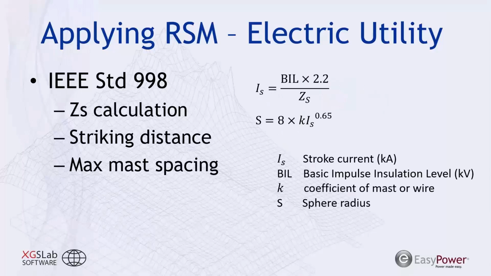Next, we can use that surge impedance to calculate the minimum stroke current that exceeds our BIL. So this I_S will equal BIL, which could be described as the basic impulse insulation level. You may see this described as the basic impulse level, basic insulation level. Really, we're all referring to the same thing.